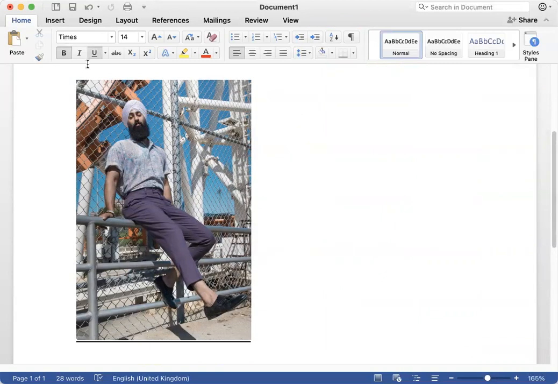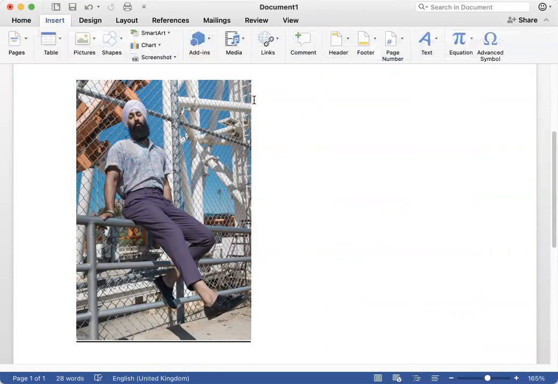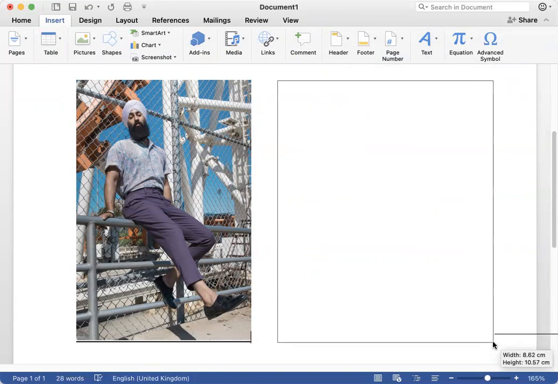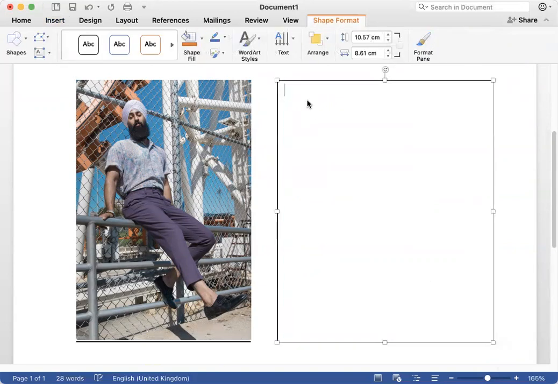Okay, let me put a text box here so that I can look at the picture while I write. Okay, and so I'm going to set the timer now and then I'll write.